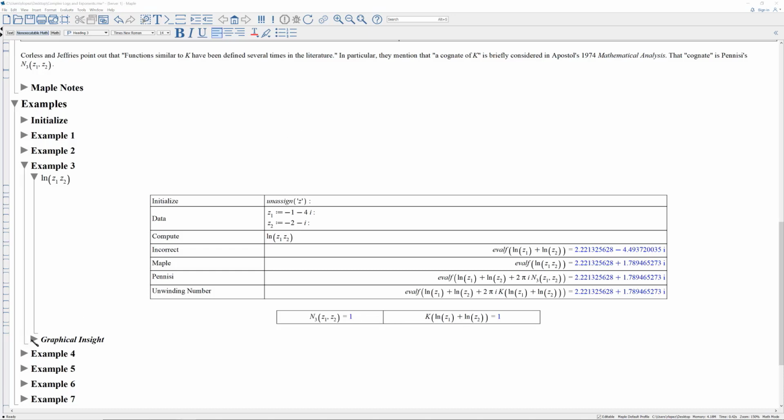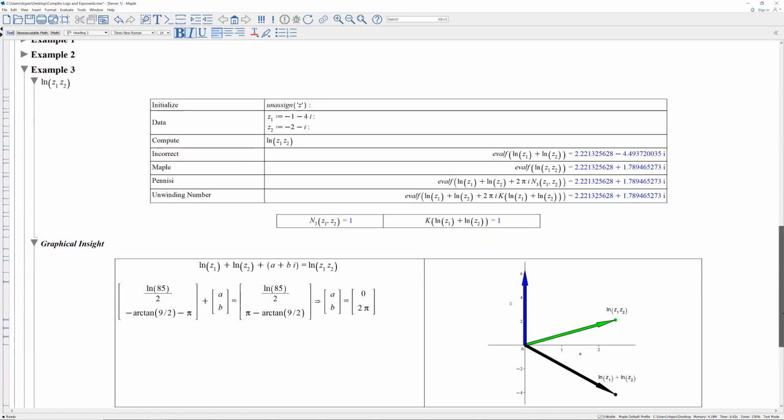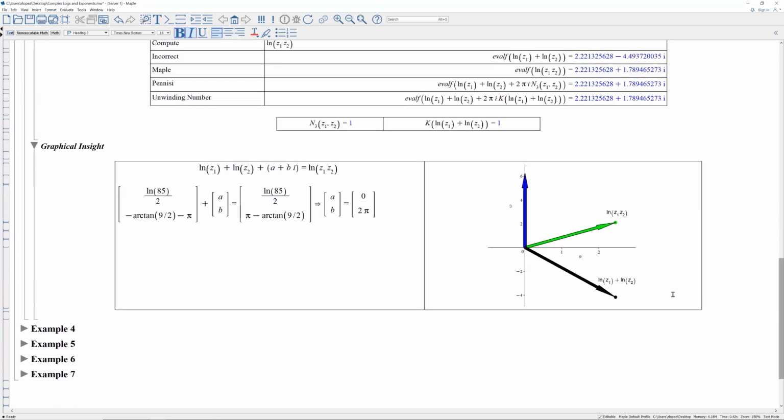Well, can we get some graphical insight as we've just done in the previous 2 examples? This is the incorrect log z1 plus log z2. This is the naive approach. This is the correct value, log of the product computed via Maple, so you get the right answer.